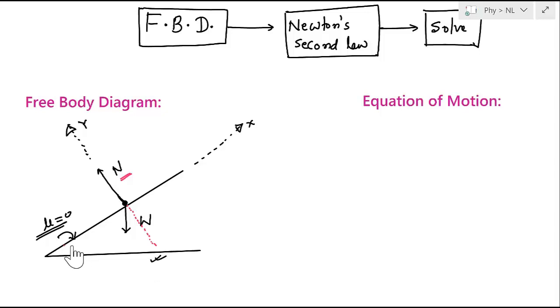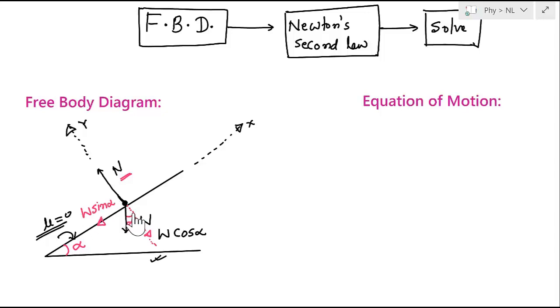This angle is given, this angle is alpha, so this angle will also be equal to alpha. If I take the component of W in this direction, this will be W cos alpha. Similarly, in this direction you will have another component, that is W sin alpha.